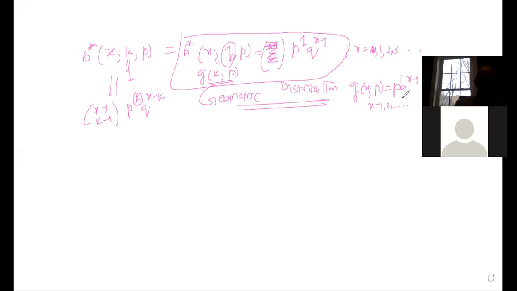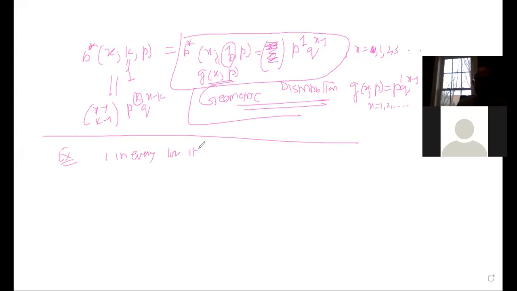I can give you an example for the geometric distribution. For a certain manufacturing process, it is known that on the average, one in every 100 items is defective. That means my k is equal to just 1, right?